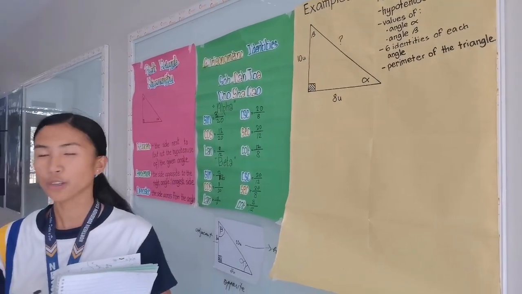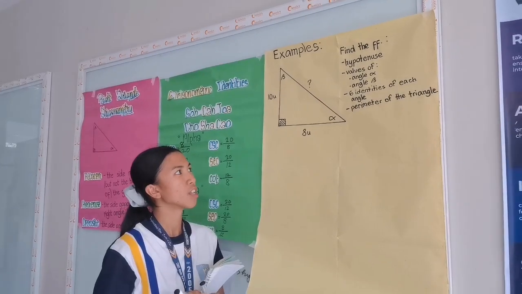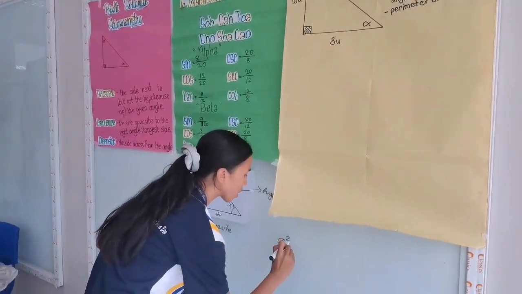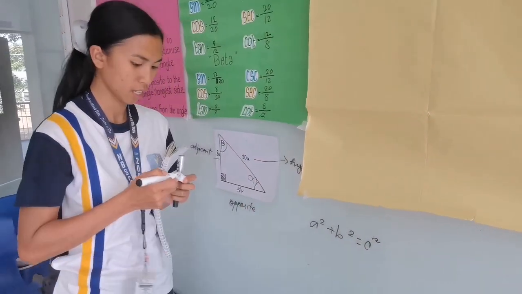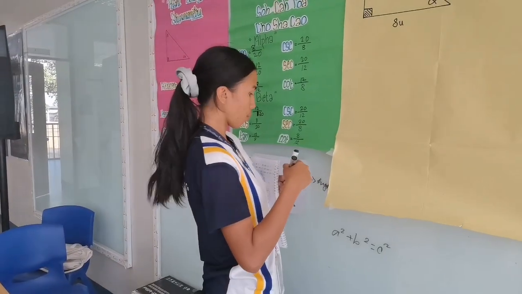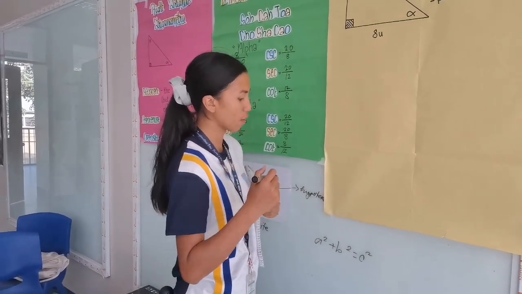As we all know, to find the hypotenuse side, we will use the Pythagorean theorem formula, which is a squared plus b squared is equal to c squared. When we use the formula, we substitute the given values.